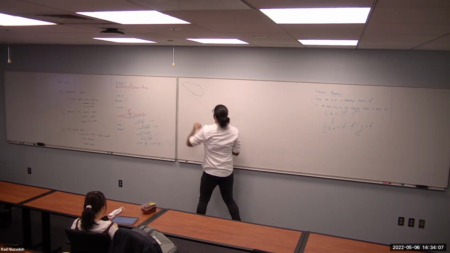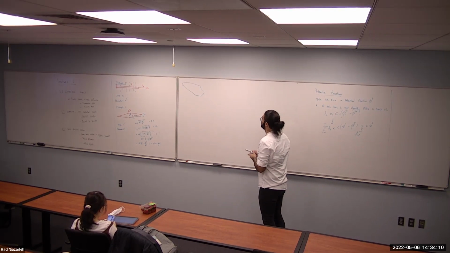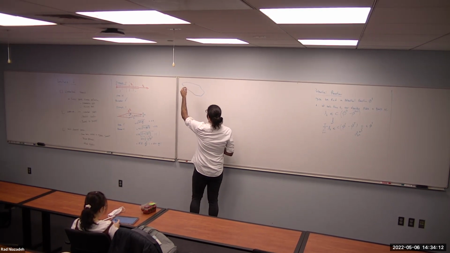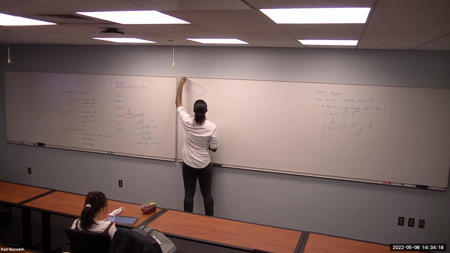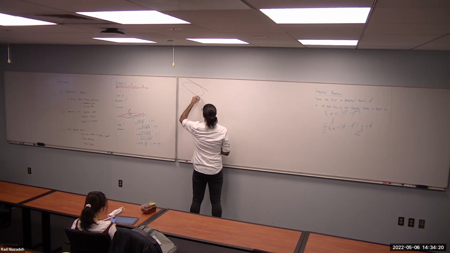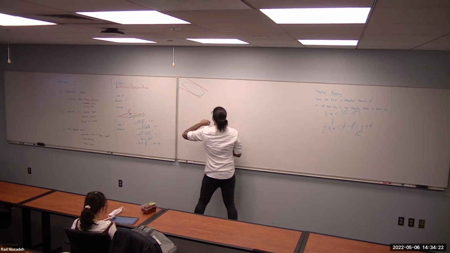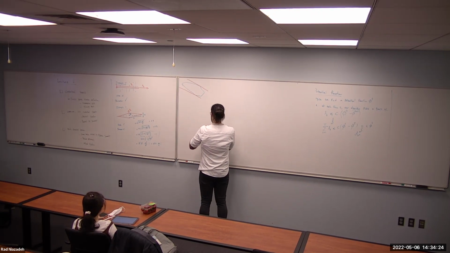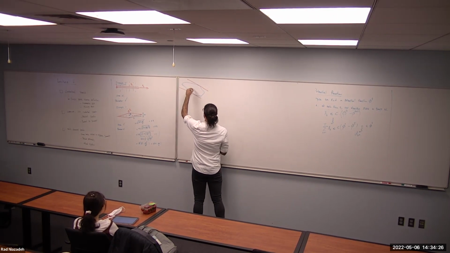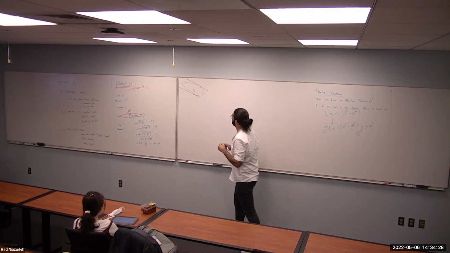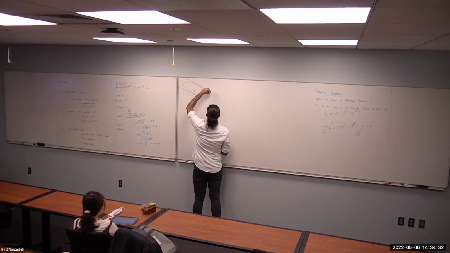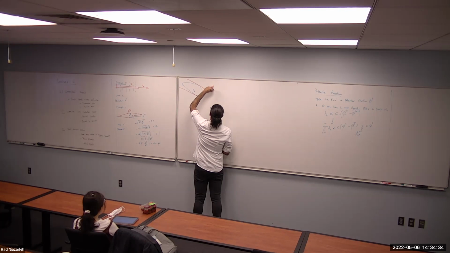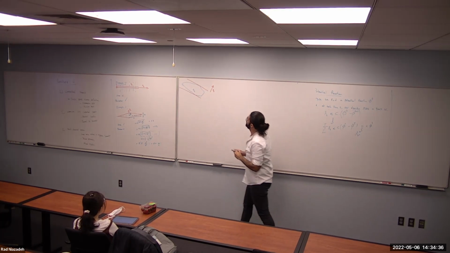It doesn't even need to be convex. Good. Now, let's say this is S of t at some time t. Imagine this is the direction x of t, where the direction of the context is.